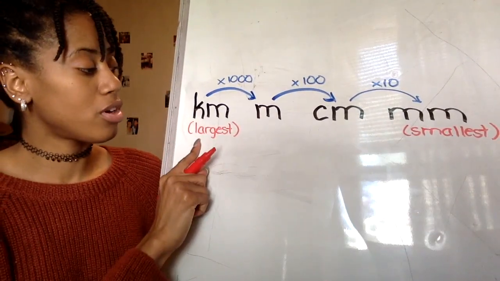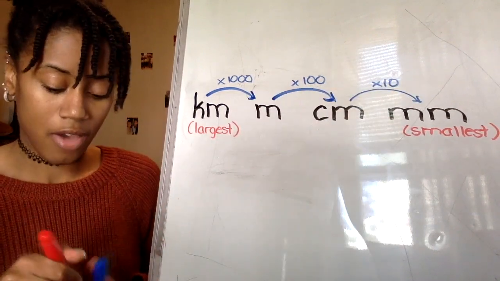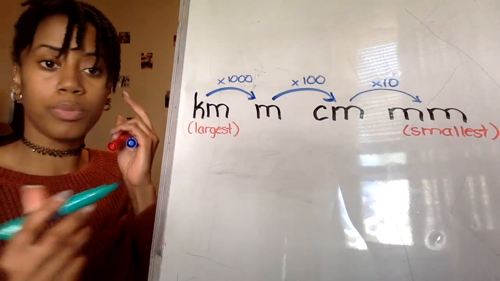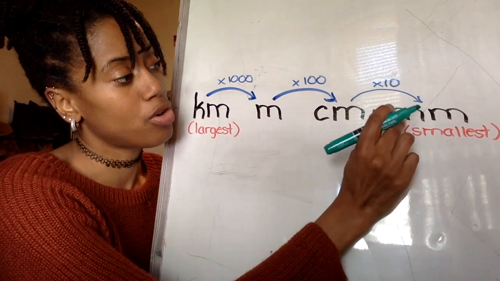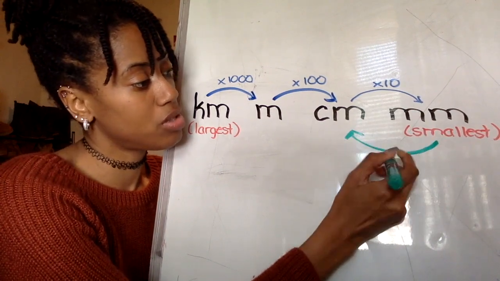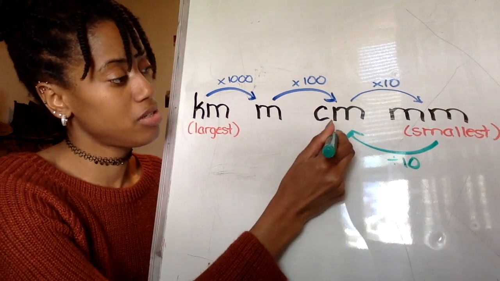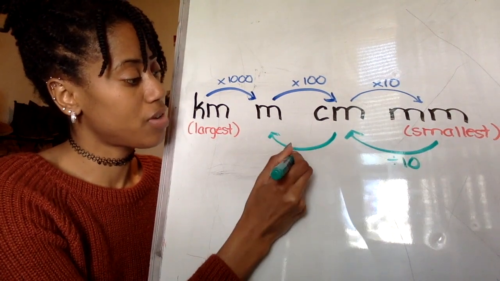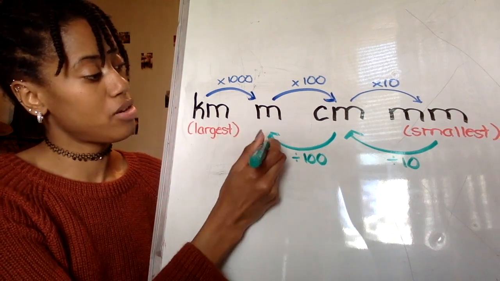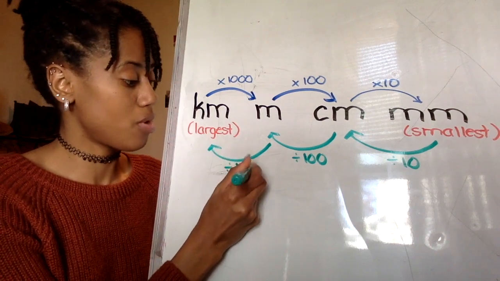To go from the largest to the smallest, you are multiplying. If we were going from smallest to largest, we would be dividing. So to go from millimeters to centimeters, you would divide by 10. Centimeters to meters, you would divide by 100. And meters to kilometers, you would divide by 1,000.